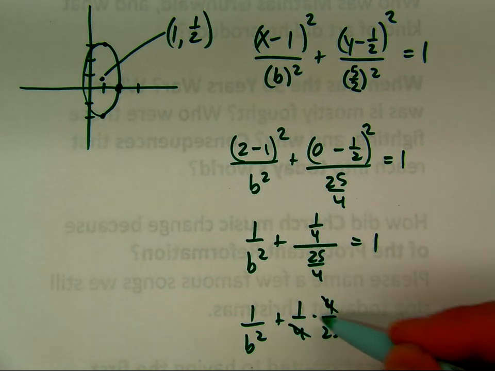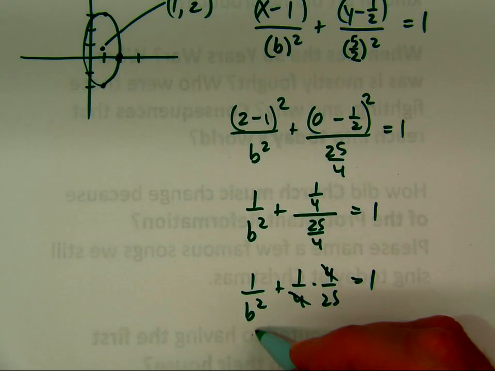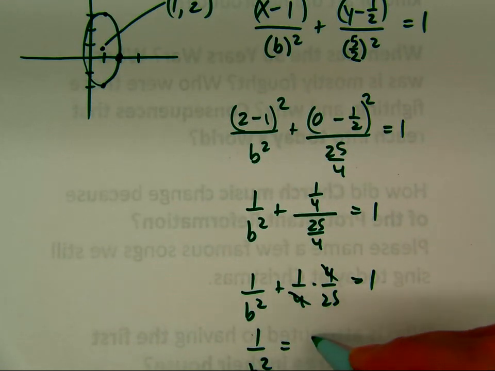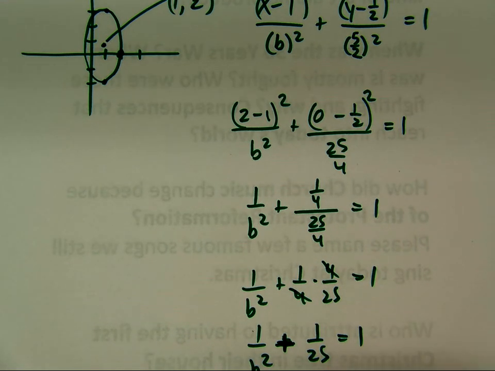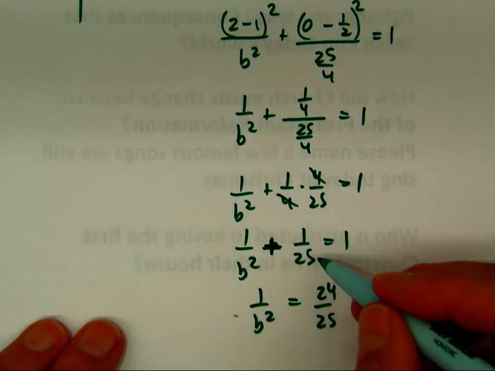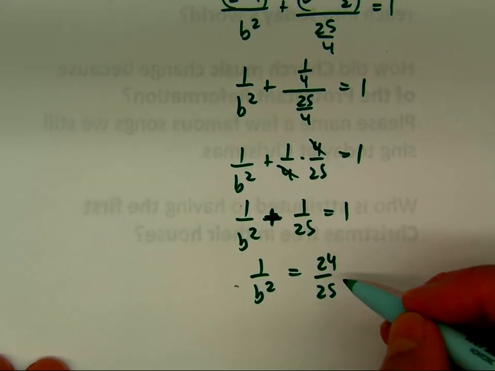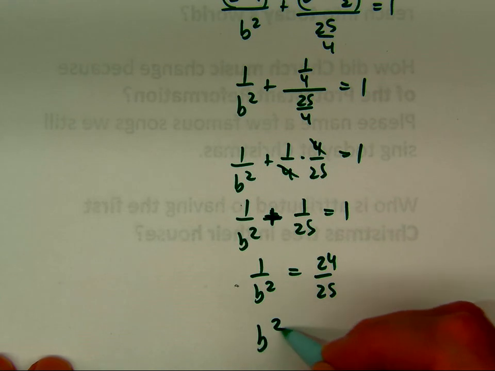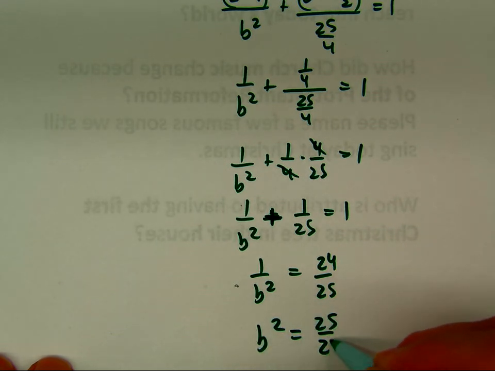We get 1/25. So if we go 1 minus 1/25, that gives us 24/25. B squared is 25/24. And we don't even have to do the square root because we know we're substituting for b squared in the standard form of the equation.